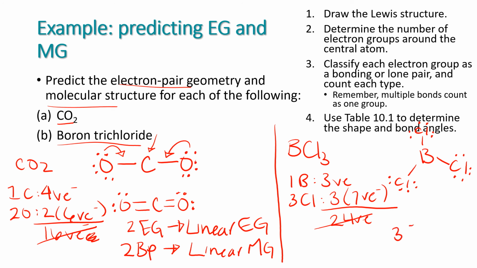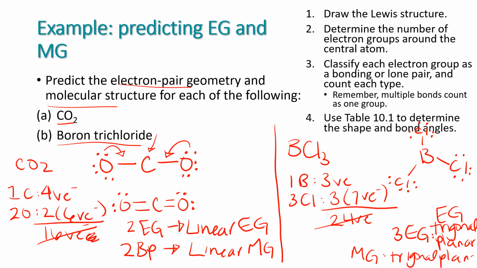We have 3 electron groups. And again, these are kind of boring examples because there's no lone pairs, but 3 electron groups, that's trigonal planar. And then we have no lone pairs, so that's the Eg. And for Mg, again, no lone pairs means it's the same thing.